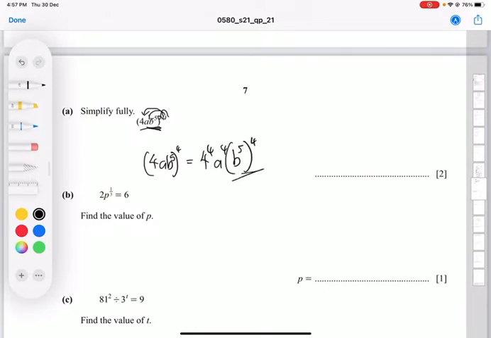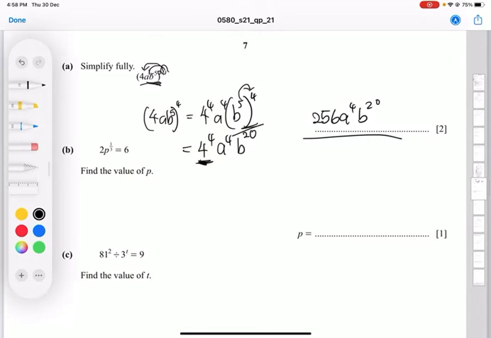And the exponent rule here is that these two multiply each other. So 4 to the 4th, a to the 4th, b to the 5 times 4, that's 20. So that's your answer, but you need to simplify this. This one you can simplify. 4 to the 4th, use a calculator, it's 256. A to the 4th and b to the 20. So that's your final answer.